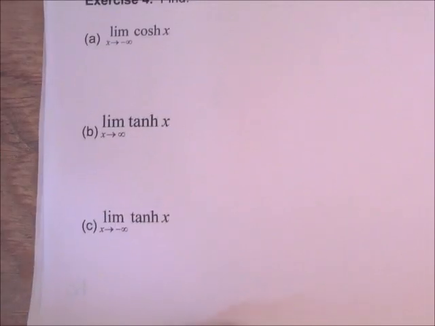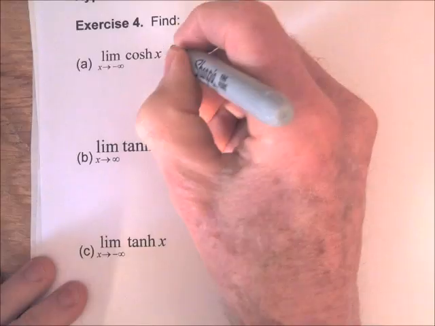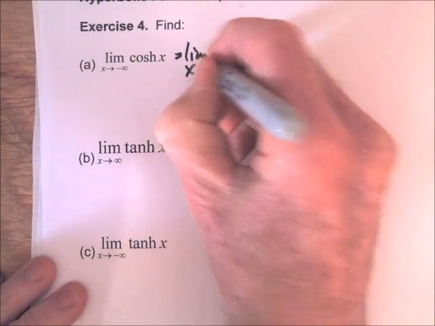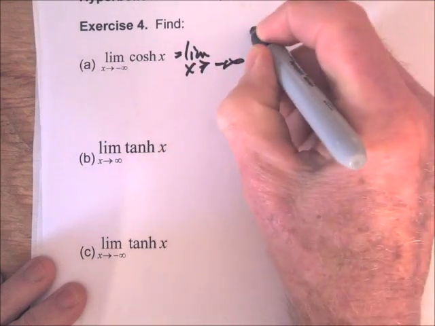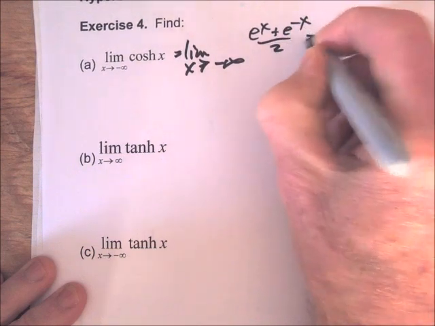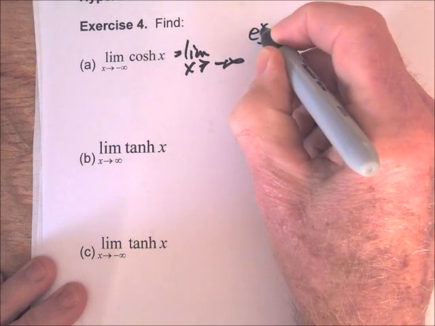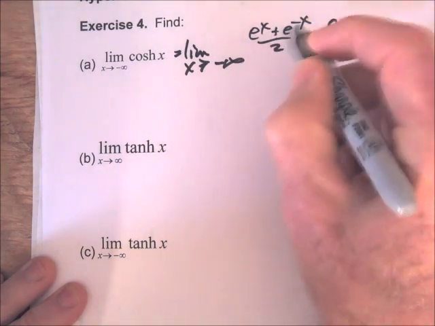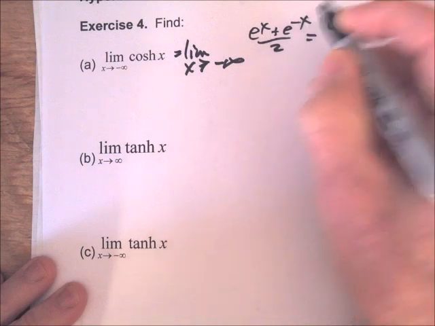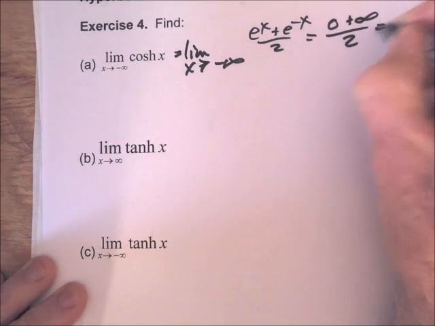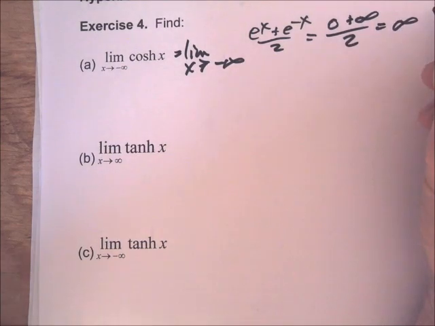Limit as x goes to minus infinity of cosh x. Limit x goes to minus infinity of e to the x plus e to the minus x over 2. The first term now will be e to the minus infinity, which goes to 0. And the second term, e to the minus negative infinity, which goes e to the infinity, which is infinity over 2. So this is equal to infinity.